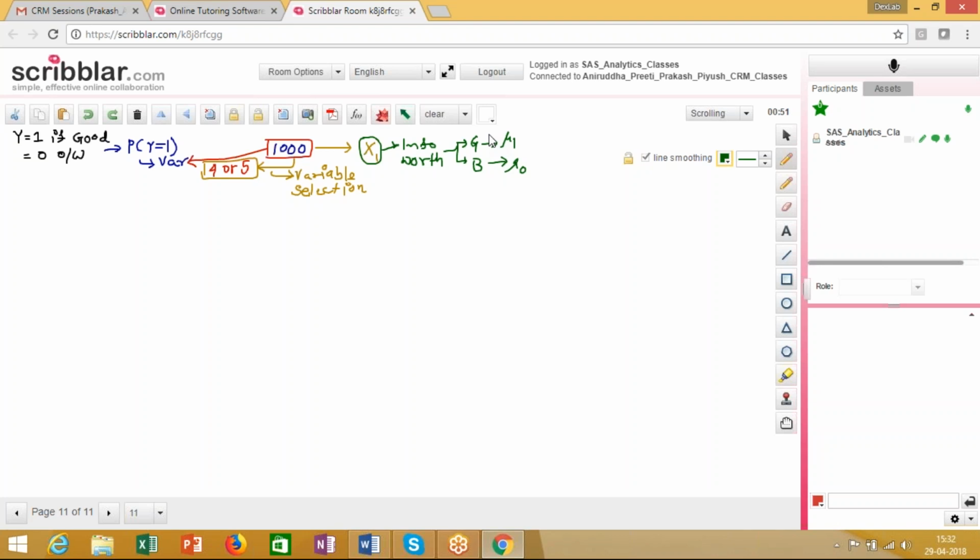So this is one area where mean difference tests can be used. Basically, what I need to test is whether the average behavior of x1 across the good borrowers and the bad borrowers is significantly different or not.